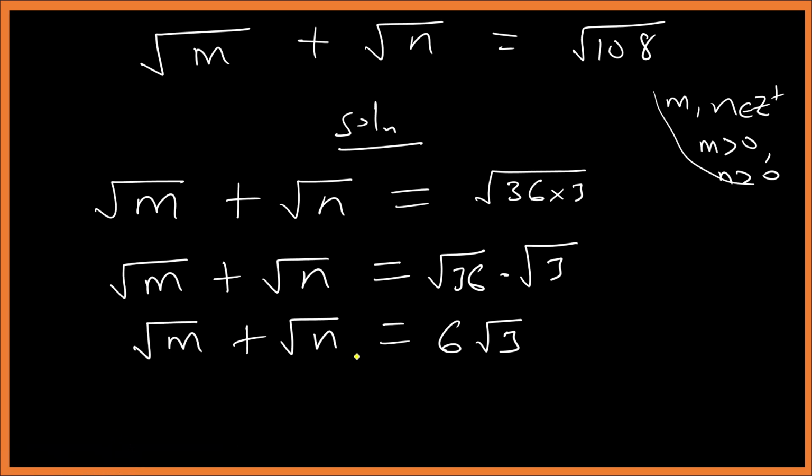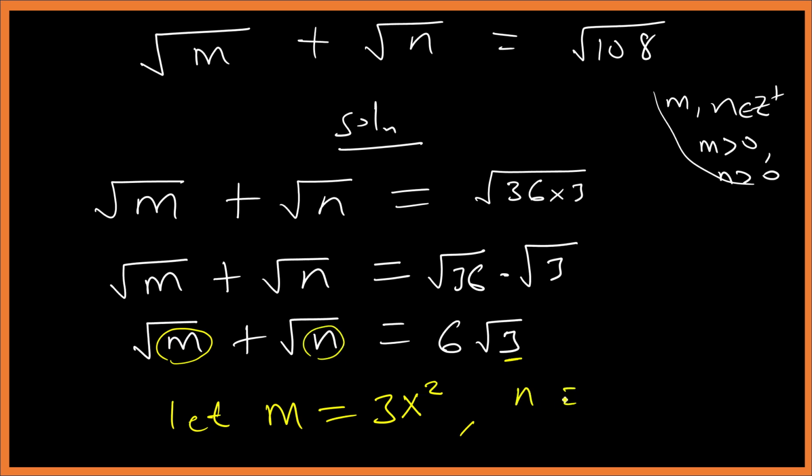Alright, now let's observe something here. Now I want to do something with this, so we should let the m here be 3 times a variable squared, so let's make it x squared, and then this n will be 3 times another variable squared, so let's make it y squared.